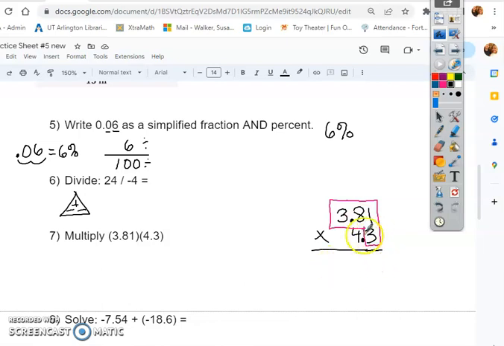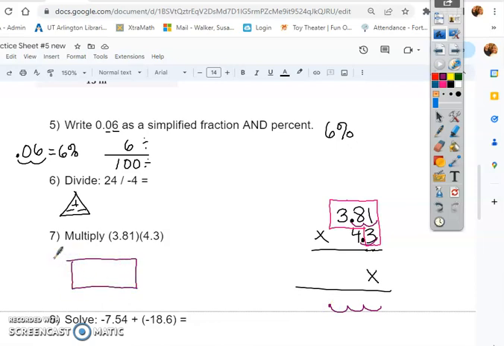Put that here. Cross off. You're going to hold the spot. Then you'll do the 4s. When you're done, count 1, 2, 3 and 1, 2, 3. Put your final answer here.